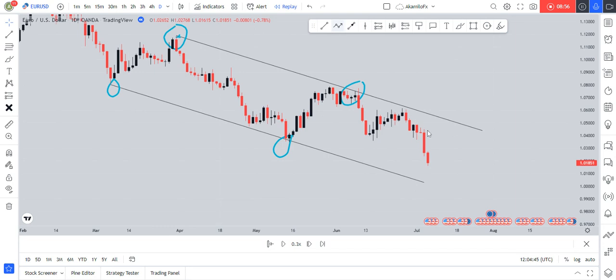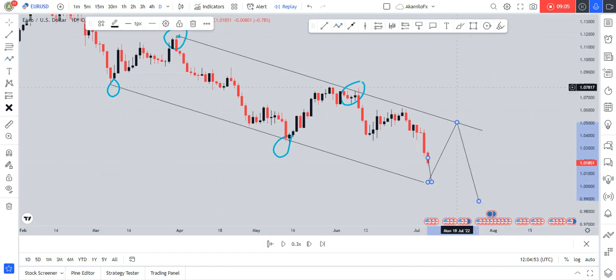Remember, as I said, if price touches the lower low, it comes to the lower high, and then we take it from there and continue the move to the downside. So this is how we can identify it.